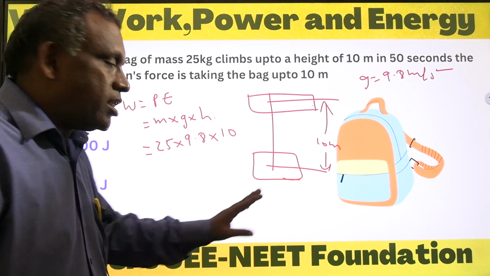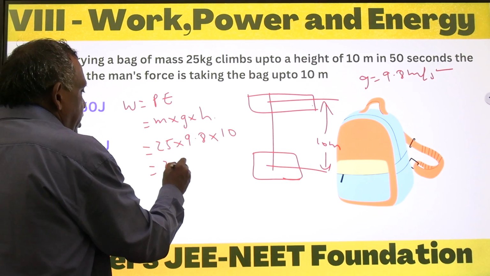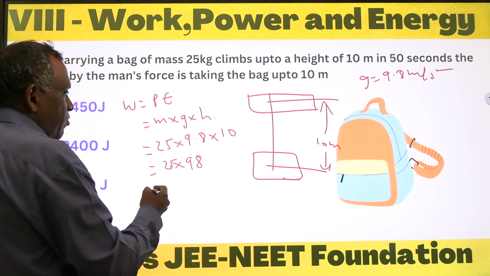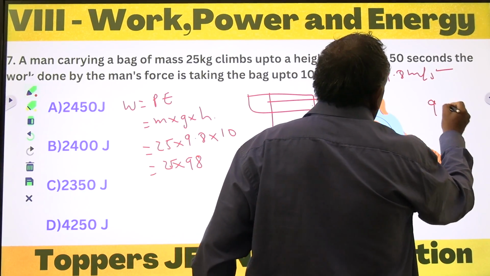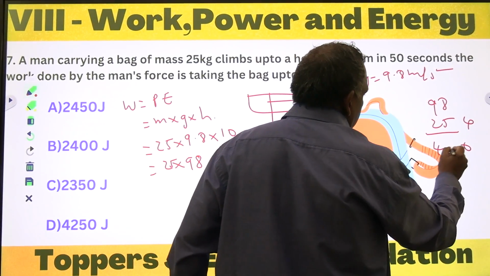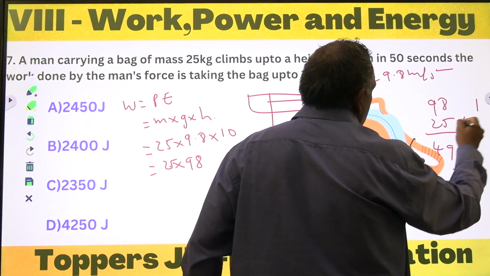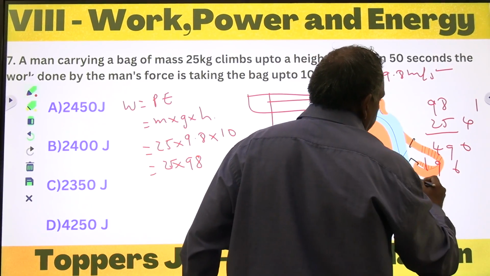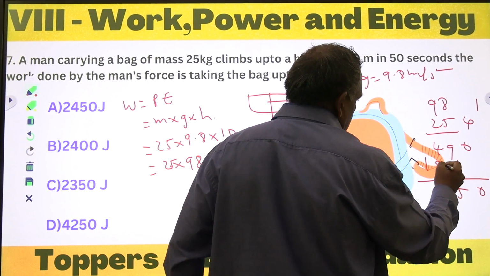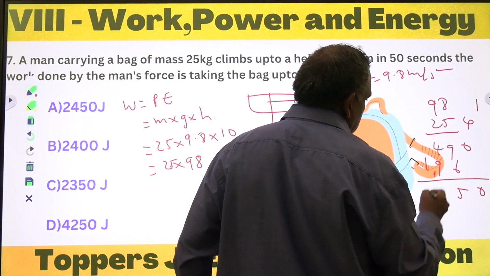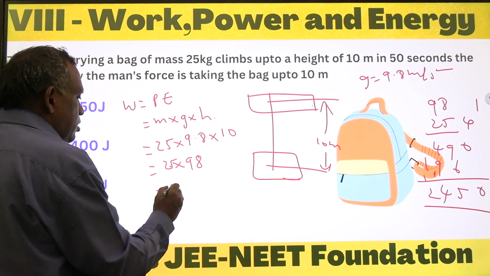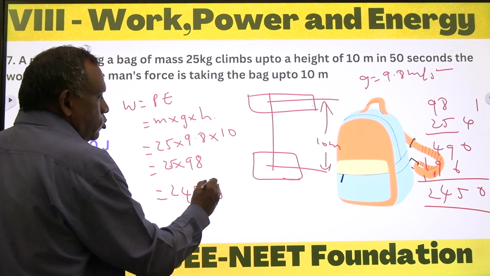If you calculate this, 25 into 98, that becomes 2450. So the answer is 2450 joules.